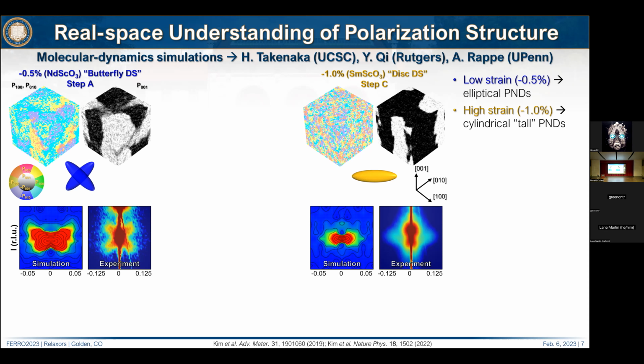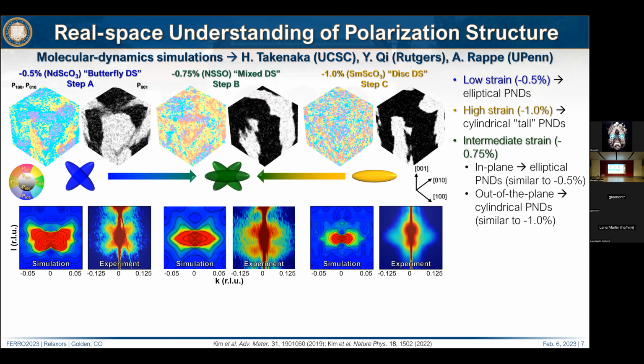Again, we can have a good comparison between simulation and experiment. And then finally, in the intermediate state, what we see is something that's a superimposed version of both. If you look at the out-of-plane, it looks a bit more like the high strain state. But if you look at the in-plane, it looks a bit more like the low strain state for the system. It has this mixture of these two sorts of things happening.